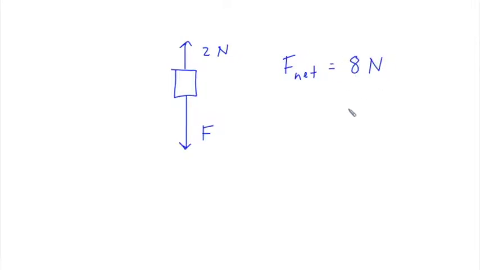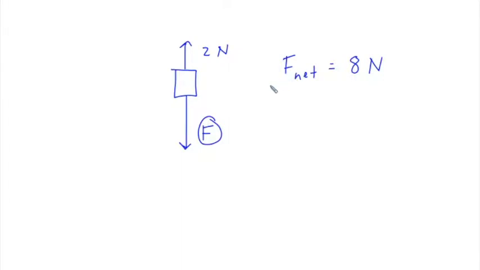Let me give one more problem. What if we have an object like this, and it's got 2 newtons of maybe drag force going up, and we've got some amount of force going down, and we're told that the net force is 8 newtons, then how do we figure out what F is?